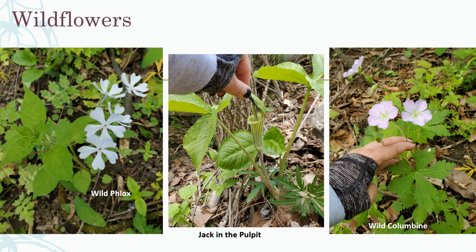Then we ran into Jack in the Pulpit. So Jack in the Pulpit is a really cool plant. It's a pitcher plant. It's actually a carnivorous plant. What happens with this is it's got this really unique flower shape that's kind of a pitcher shape, and then it's got this little guy sticking up here, and that is Jack.